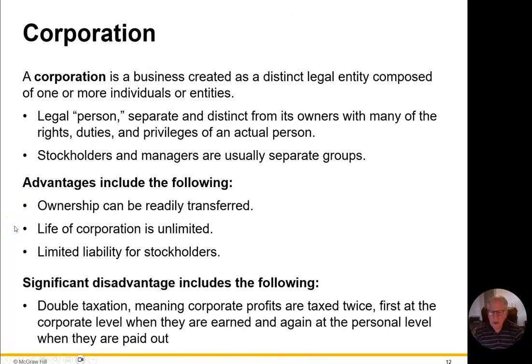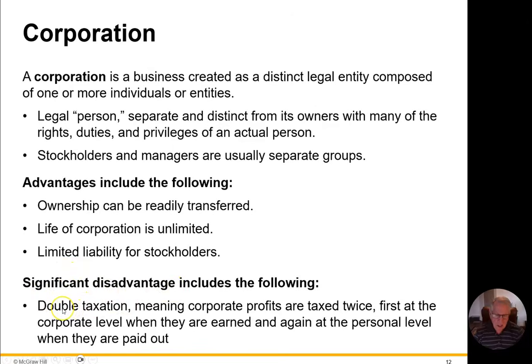Walter Chrysler, I think, passed away in 1940 or something like that, but his name is still part of the corporation. And then there's limited liability for the stockholders, meaning that their liability extends only to the degree that they have invested in stock. They can't be sued for other things that the corporation might have done.